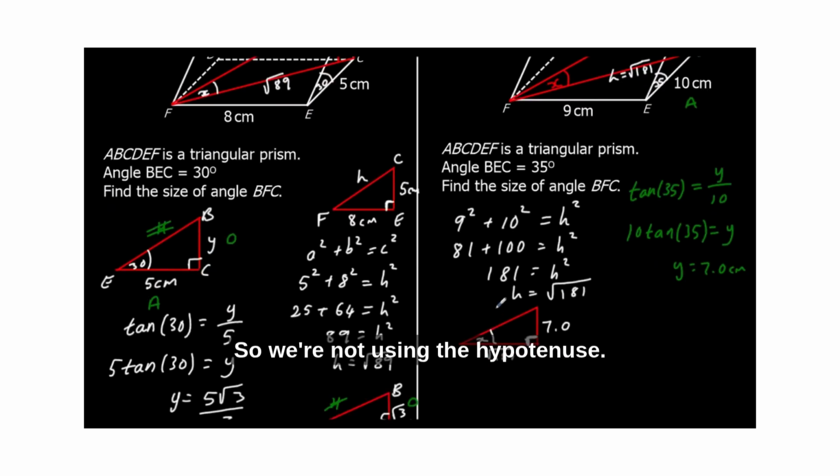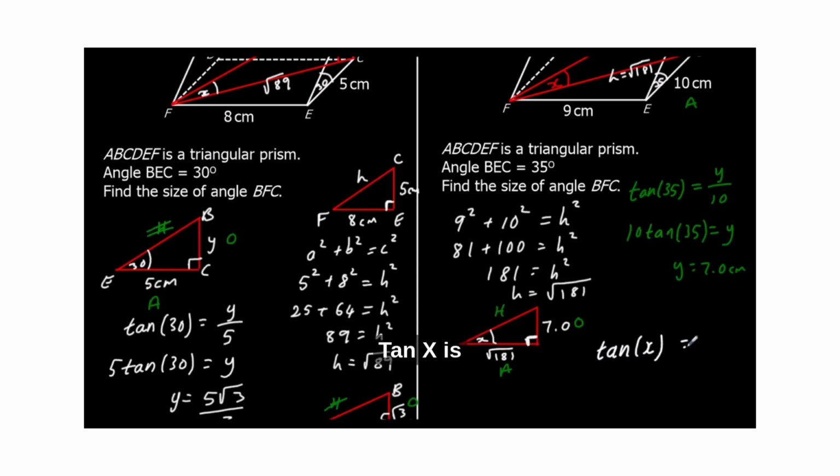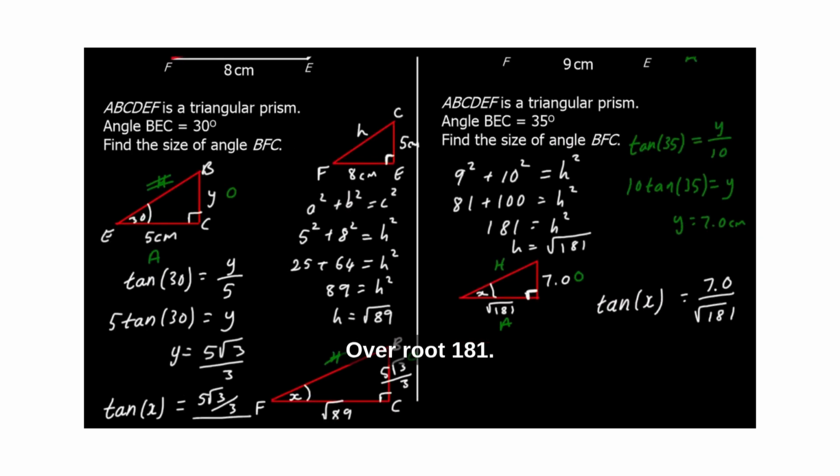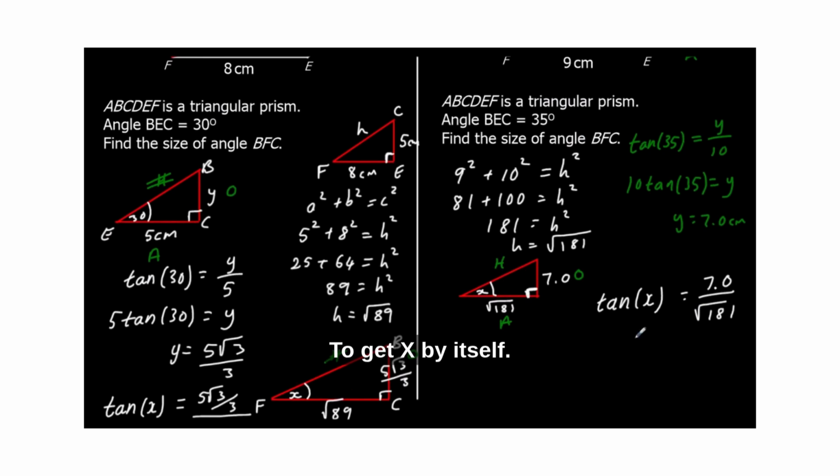So we're not using the hypotenuse. We've got the opposite and the adjacent again, so it's tan. So tan x is equal to the opposite over the adjacent, which is our answer over root 181. To get x by itself, we shift tan, so arctan, our answer, over root 181.